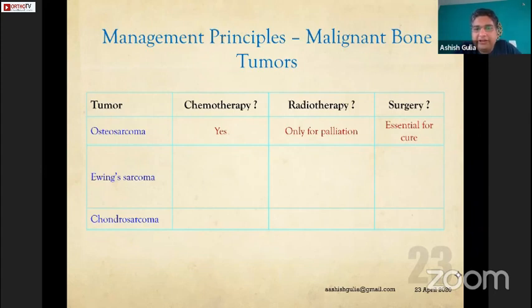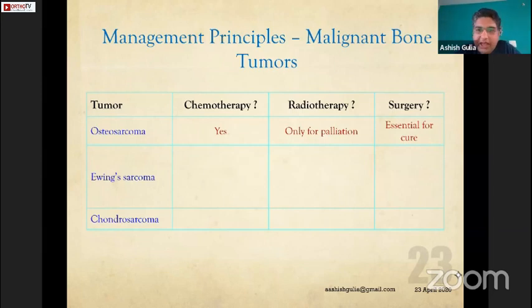The role of radiotherapy is pretty limited for osteosarcoma. Usually, it is used for palliation in pain relief settings only. There is increasing interest in using heavy ion radiotherapy in osteosarcoma in unresectable sites.